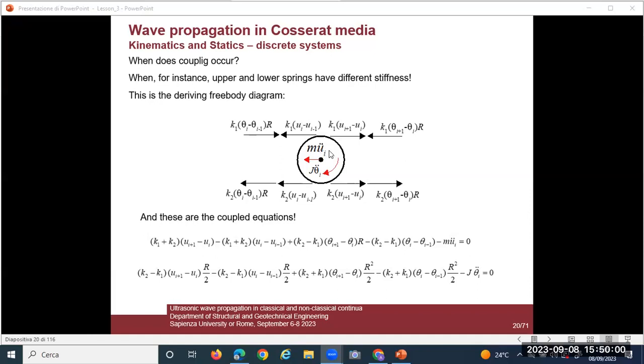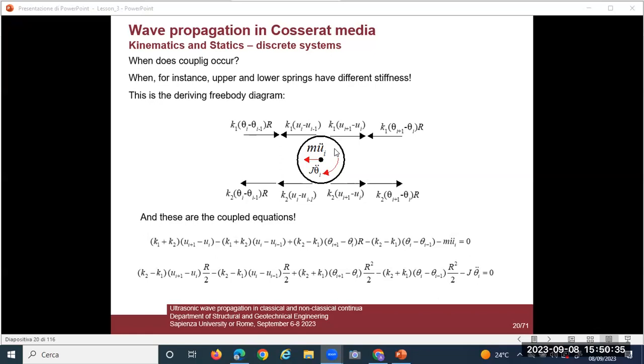Here I tried to make things very simple and use only translational springs. I'm not using rotational springs, but rotational springs can exist. In that case, you can have direct couples deriving just from rotation, and you don't have any couple if you have just a displacement.